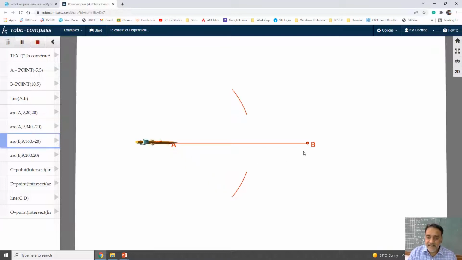अभी same radius with center B, we are going to draw 2 arcs on both sides. Now both will intersect at 2 points. इसको C और इसको D ले लेते हैं, ठीक है, C and this point is D. Right? Now we are going to join CD using ruler.